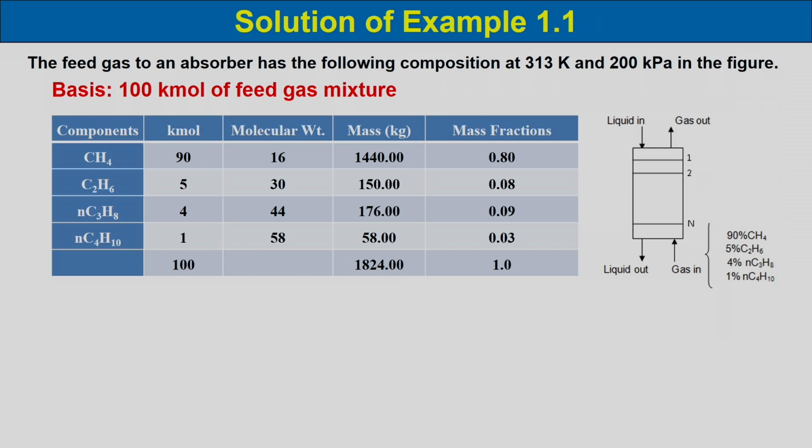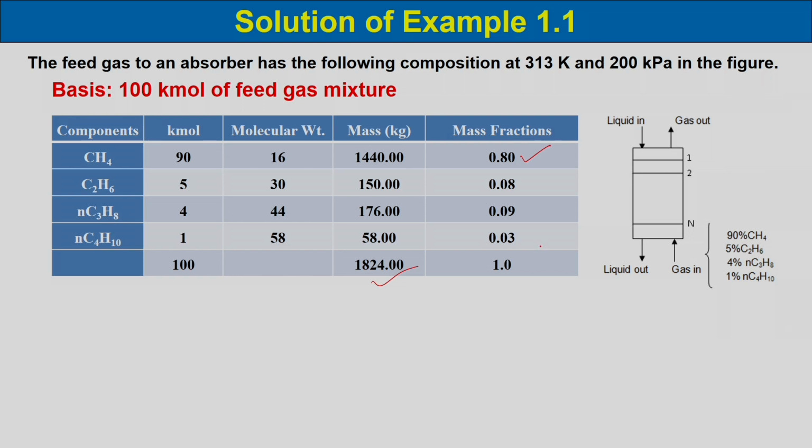So, total 100 kilomole, and we know their molecular weights, so we can calculate the mass of each component and then the total mass, and then divide the mass of individual components by the total mass to calculate the mass fractions.